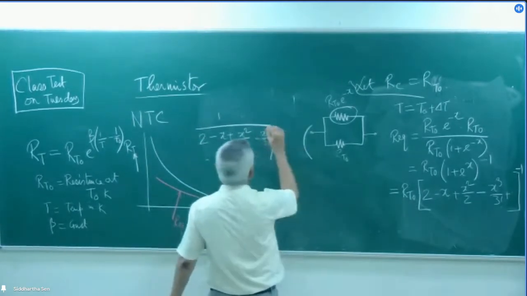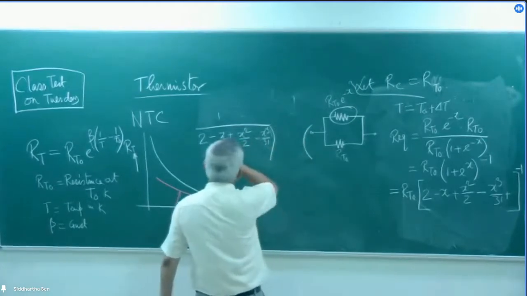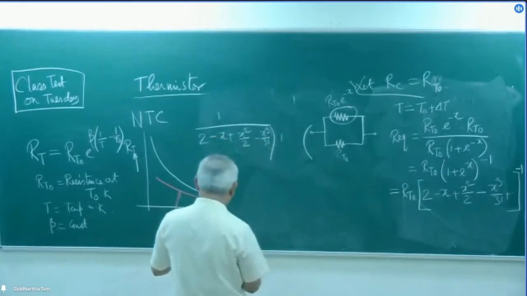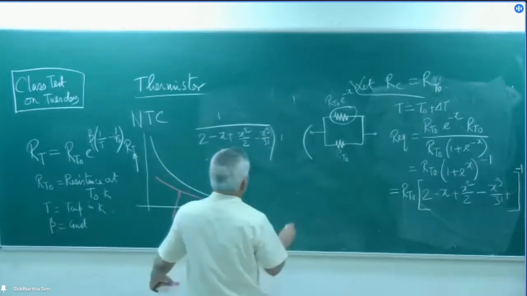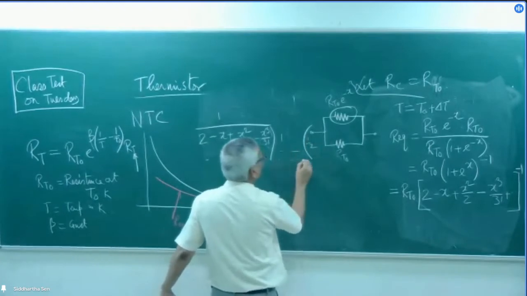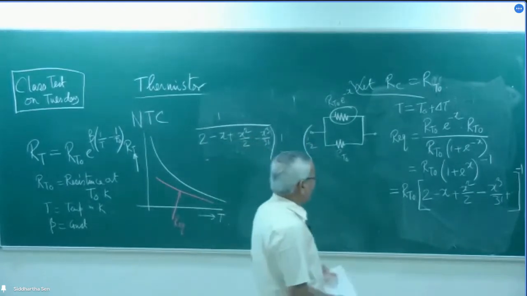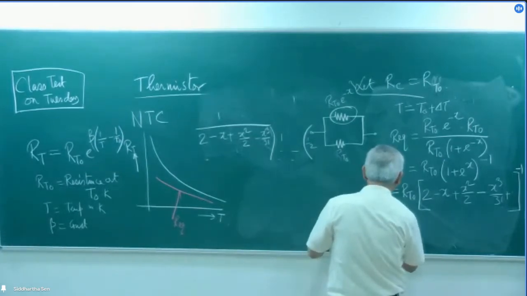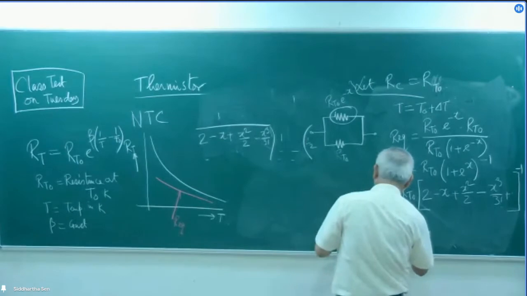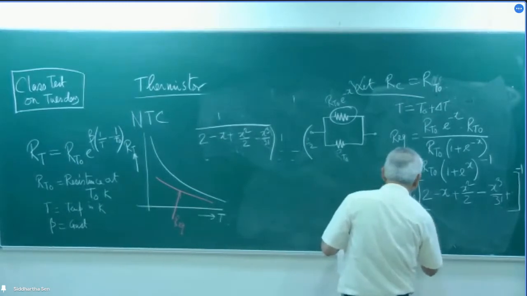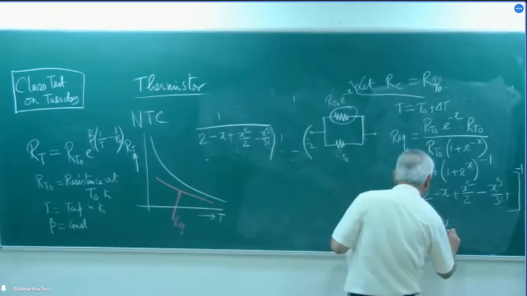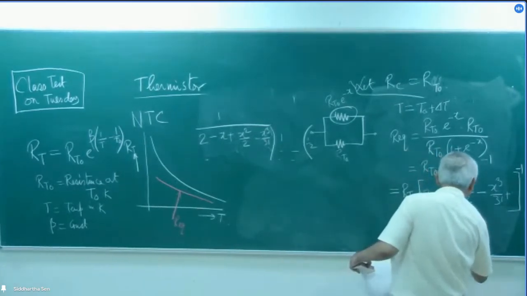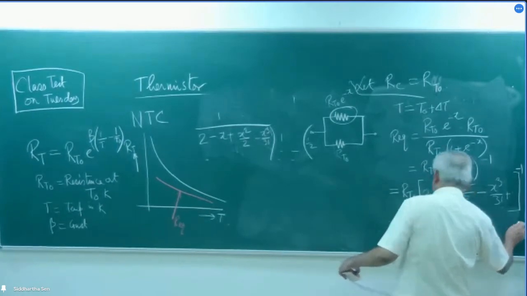Similarly, if we do it this way, you will have to write it down as half. Interestingly, if we do it, we will find this R equivalent is equal to RT0 into half minus x by 4 plus x cubed by 48 minus, like this.